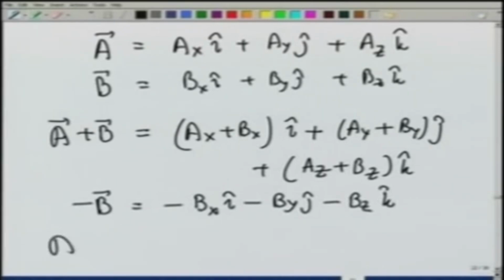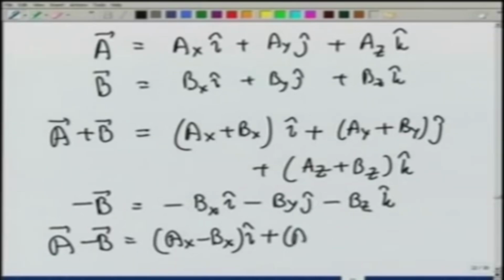And therefore, A minus B, which is adding A and minus B, would be a x minus b x i plus a y minus b y j plus a z minus b z k.